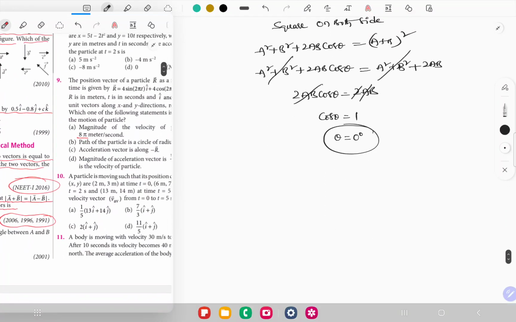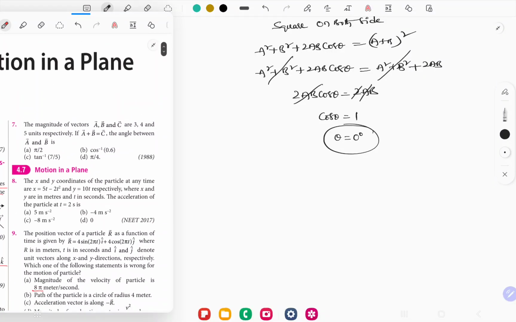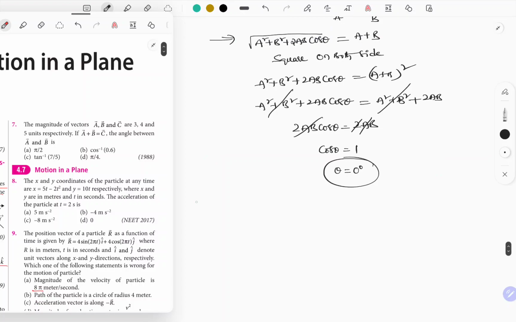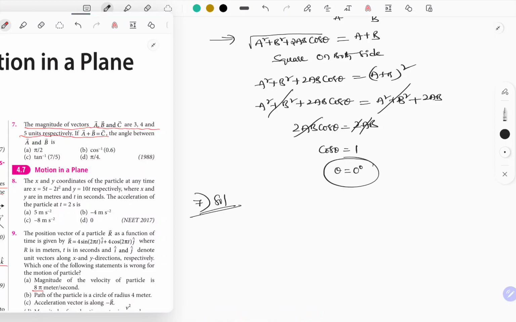Super. Next, question number 7. Let us see what they are asking. Solution. The magnitude of vectors a bar, b bar and c bar are 3, 4 and 5 respectively. If a bar plus b bar is equal to c bar, the angle between the vectors they are asking.